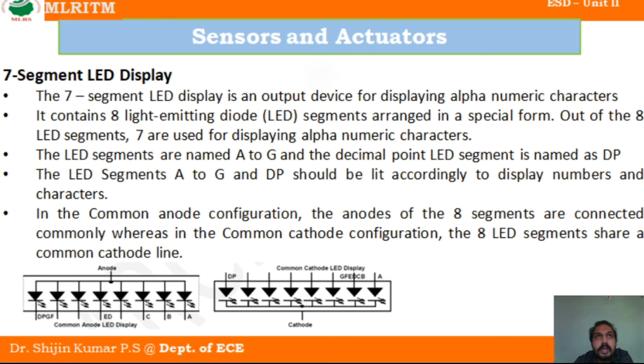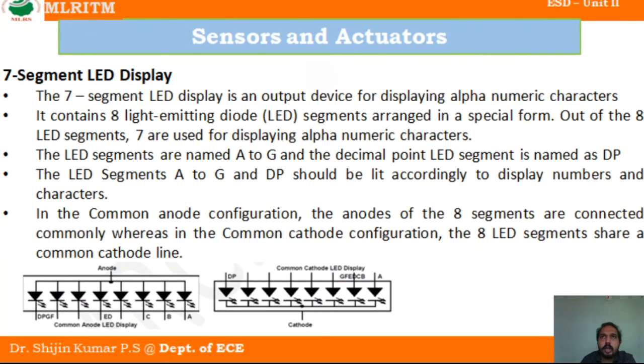If you want to display alphabets and numbers, we need to give some control signals to the LED. Which LED has to glow in order to display a particular alphabet, or which LED has to glow to display some number, is controlled by these control signals.